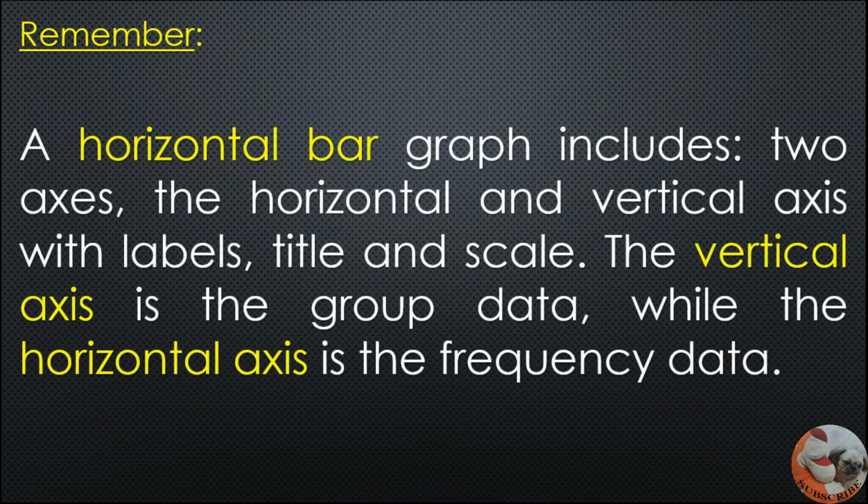A horizontal bar graph includes 2 axes, the horizontal and vertical axis with labels, title, and scale. The vertical axis is the group data, while the horizontal axis is the frequency data.